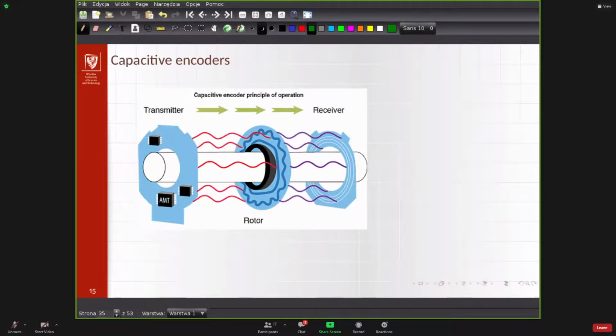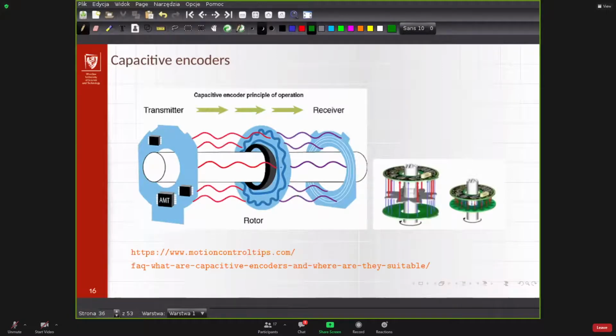That's quite an interesting solution, because this middle rotor can be customized to any need. It doesn't need to have constant precision along the full range of angles. You can prepare it for the range you are interested in, and decrease the precision in other places just by making different shapes of this printing in the middle, so that can be customized.